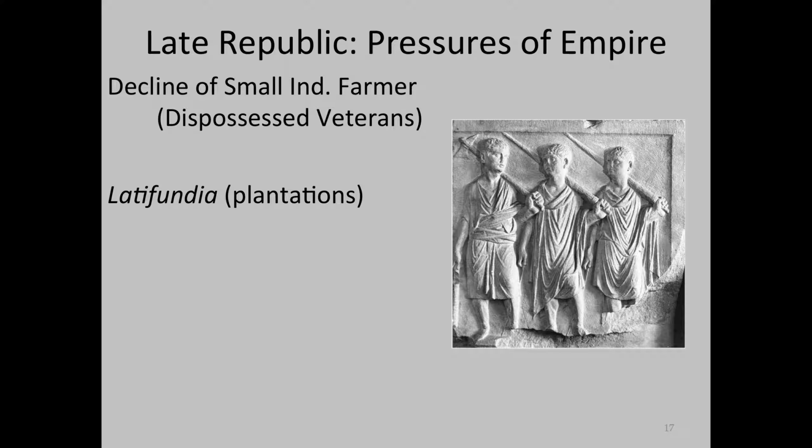So one result of the wars of expansion is a decline in free labor and an influx of slaves. So as a result, when the legionnaires returned from the war, they found that their farms were gone, that they had been dispossessed from their land.